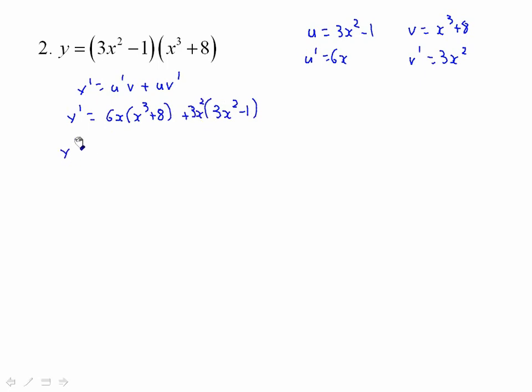So y prime is equal to 6x to the 4 plus 48x plus 3 times 3 is 9x to the 4 minus 3x squared.